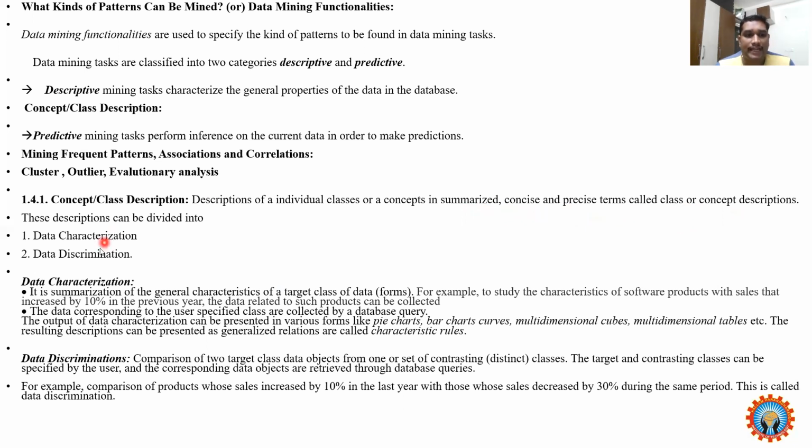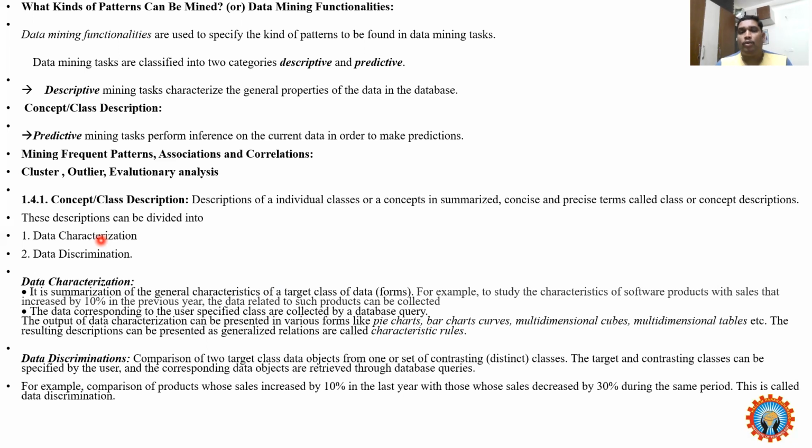And this concept description or class description can be divided into two categories called data characterization and data discrimination. Simply, data characterization is where you have particular properties of data, you summarize all the data, and you compare it with another target class. Okay, the best example is annual sales of a particular company.